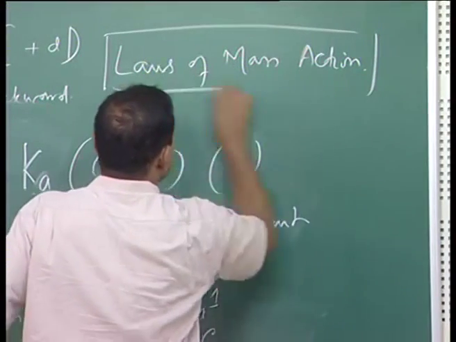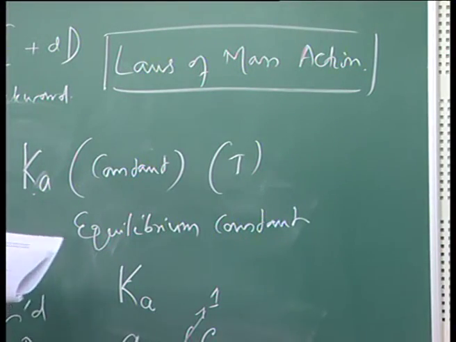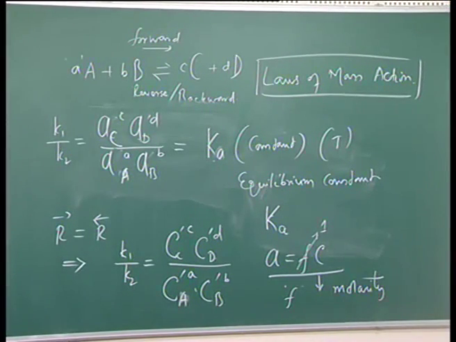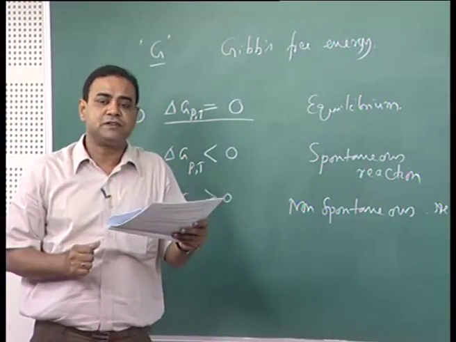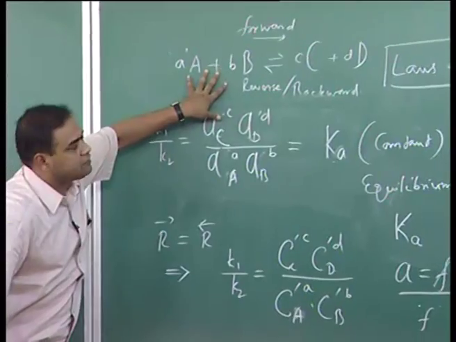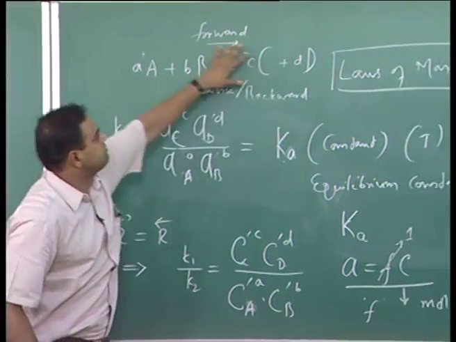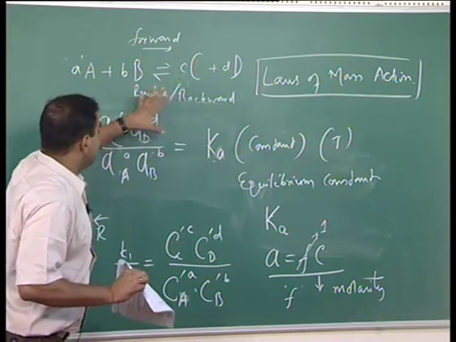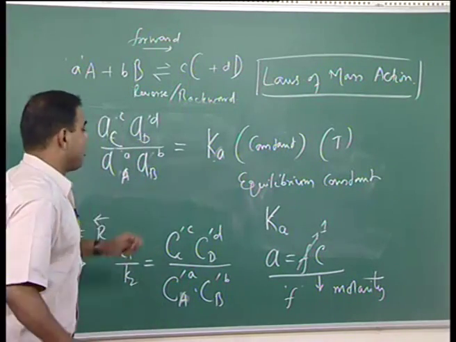They found it in 1867, and it says that at a constant temperature the rate of a chemical reaction is proportional to the active masses of the reacting substances. So that means on the forward side these are the reacting substances, and if you consider the backward reaction these are the active reacting substances. So according to that we get Ka or Kc.